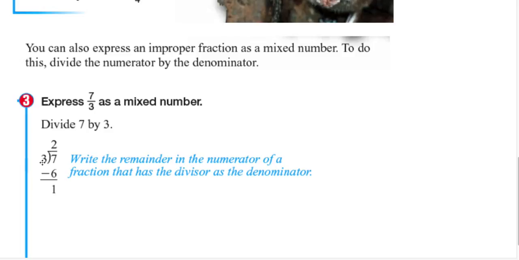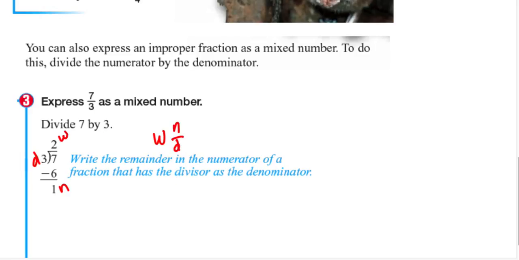After dividing 7 by 3, this becomes our whole number. Let me label them. This becomes your whole number, this becomes your numerator, that's our n, and this becomes our denominator. So our mixed number will be the whole number with the numerator over the denominator.